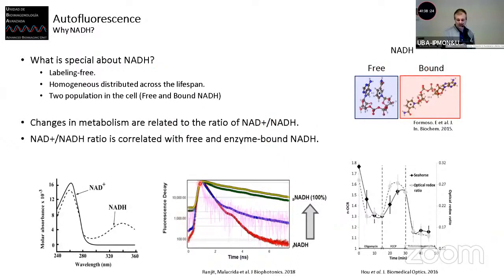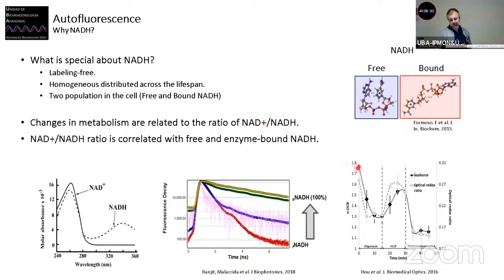This is a plot of the decay of the fluorescence of free NADH. And as soon as we increase the bound fraction by adding more and more enzyme, this is bound to LADH, you see that the lifetime goes up. And we can use this change of NADH bound and free as a ruler for the metabolism because it correlates very well with the ratio of NAD+ to NADH.